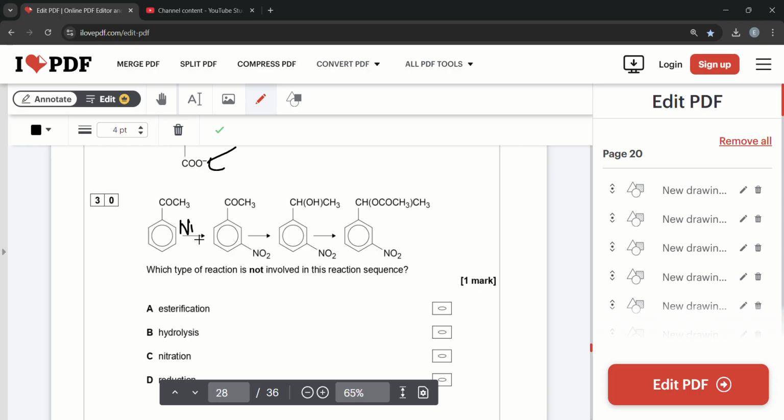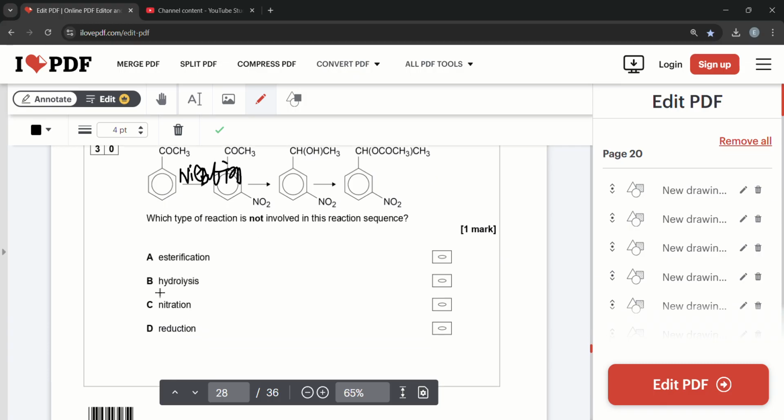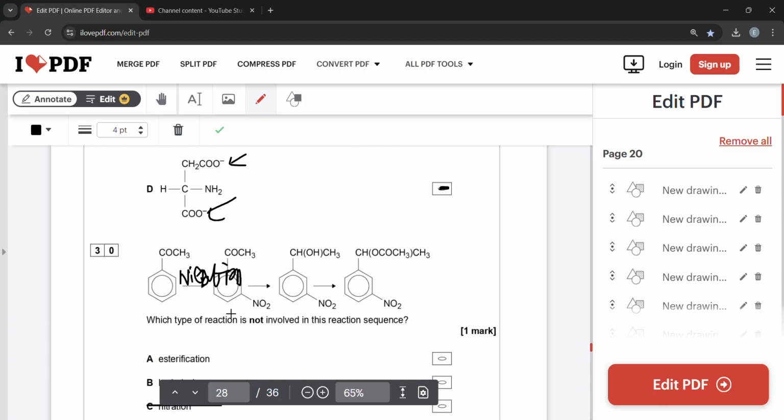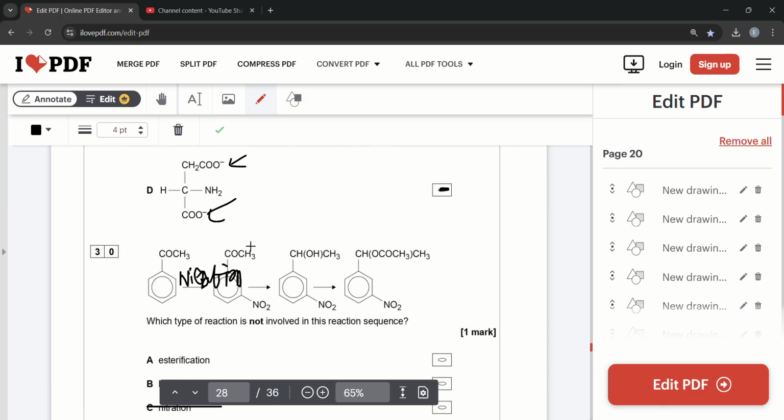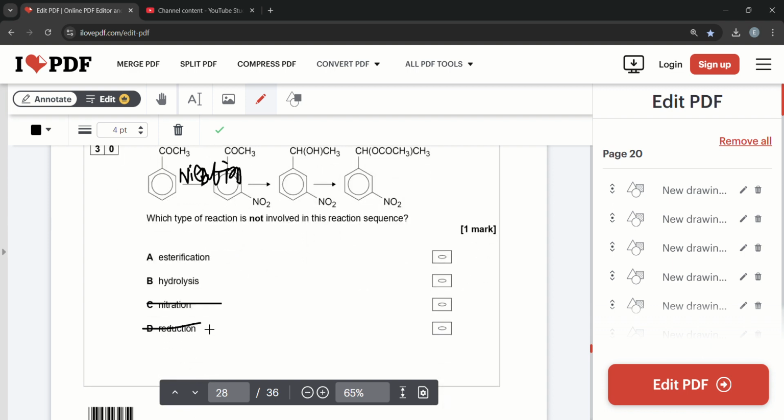Which type of reaction is not involved in this reaction sequence? Well, this is nitration, adding an NO2 group, nitration. This, well, we're going from COCH3 to CHOHCH3. So nitration is involved, so that's out. We're going from, is that a ketone, an aldehyde? That's definitely reduction.